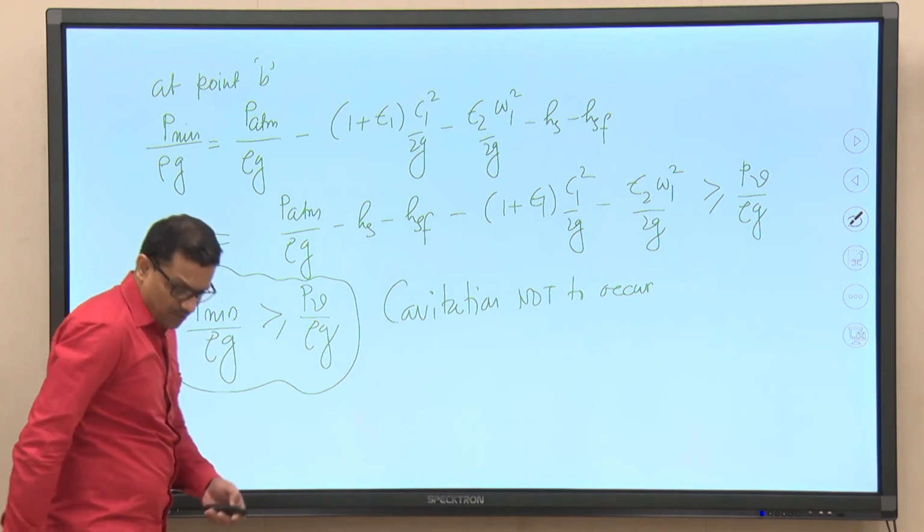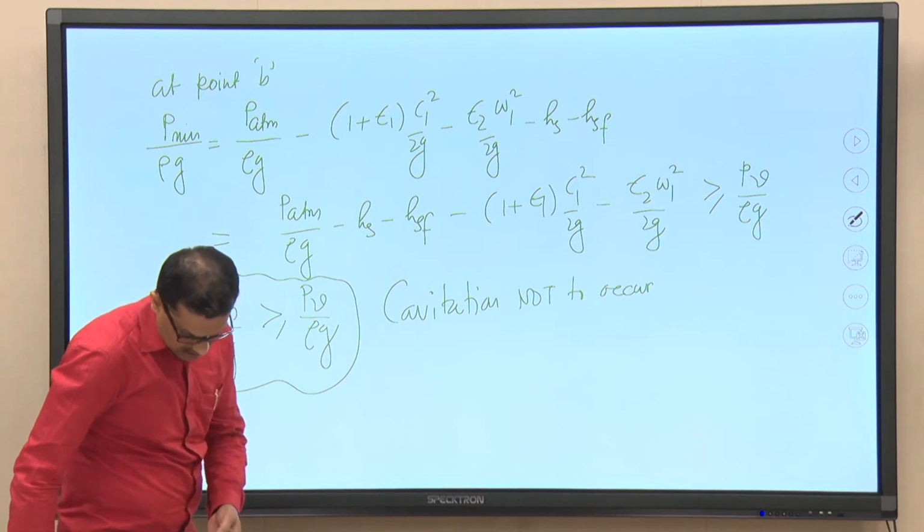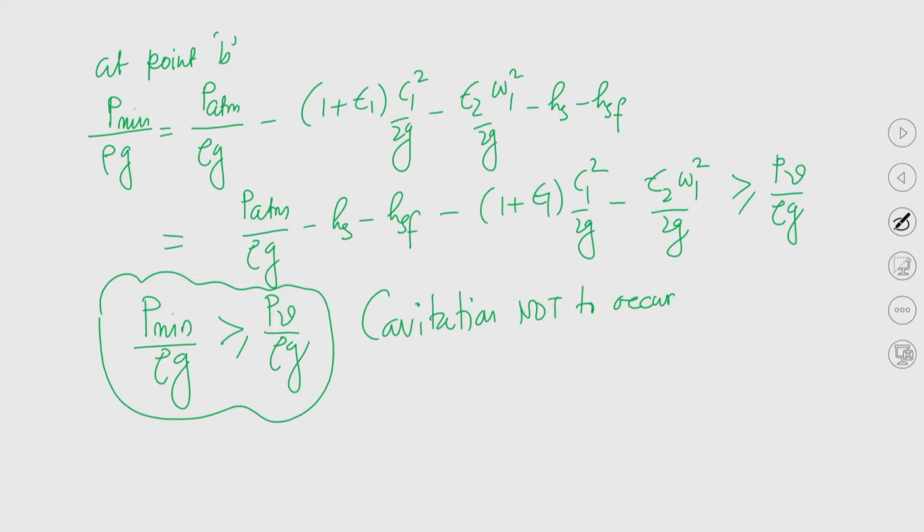So if we try to write further, this term 1 plus epsilon 1 into epsilon 2 is a very important term, and we can write that this is epsilon 3. Okay.